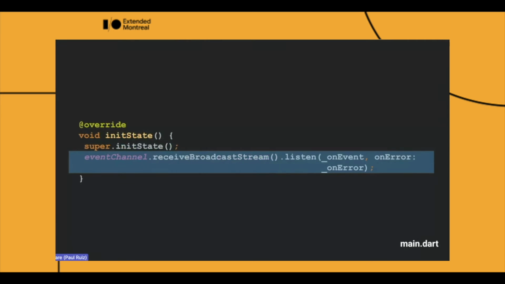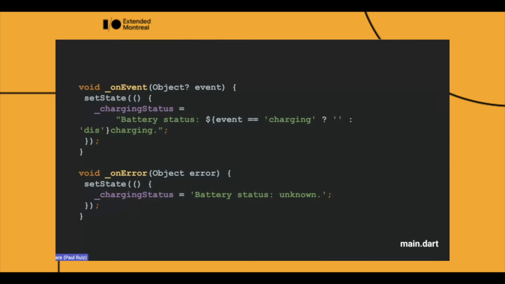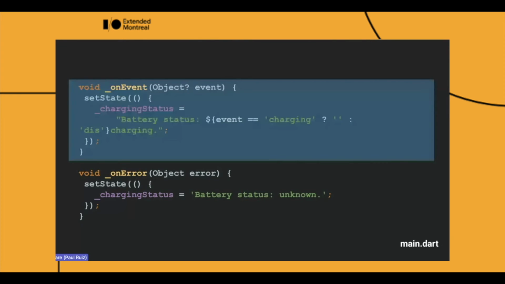After defining our event channel, you can attach a listener that'll respond to any broadcast events from that platform. In this listener, we have an onEvent and an onError method. In onEvent, we can check the event type to see if it's the charging event that we're trying to catch, and then we can respond accordingly. Of course, you'd be able to use essentially any kind of event that you would expect here.